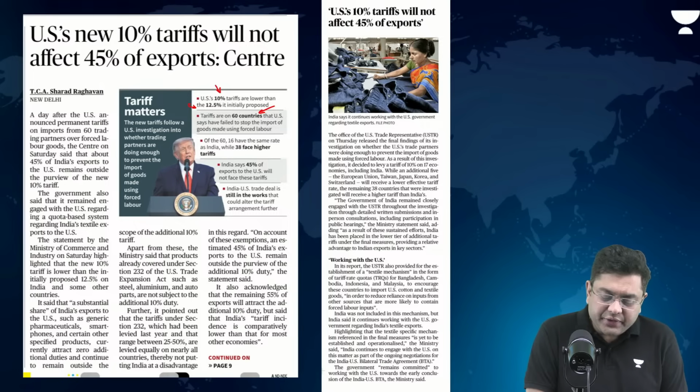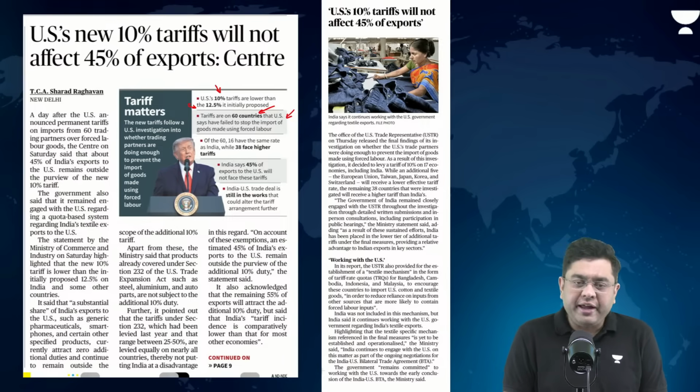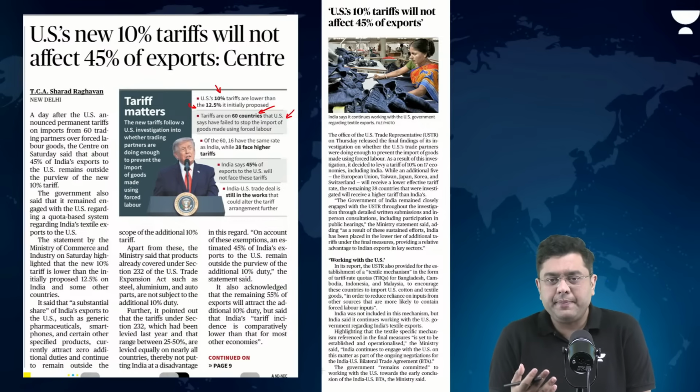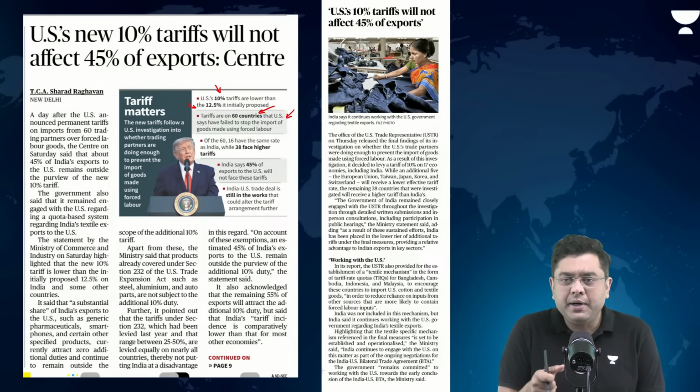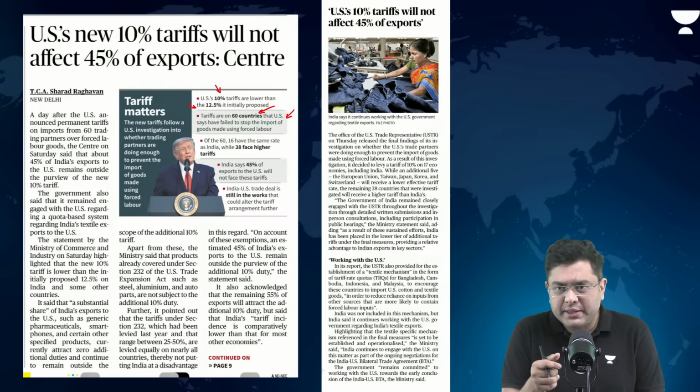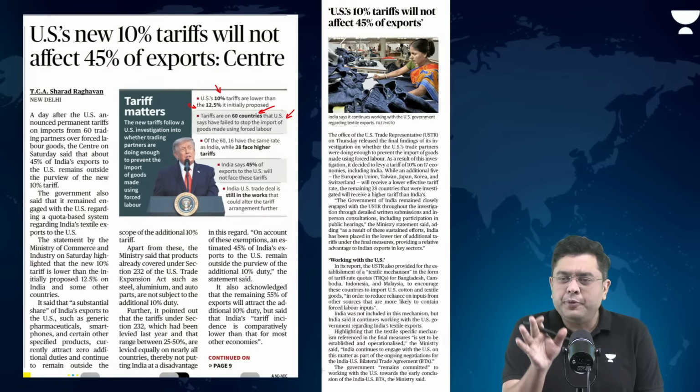Tariffs are on 60 countries that US says have failed to stop the import of goods made out of forced labor. This is where forced labor has been used as a measure to impose tariffs.